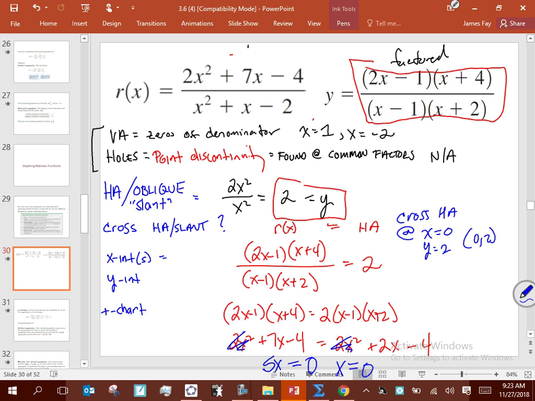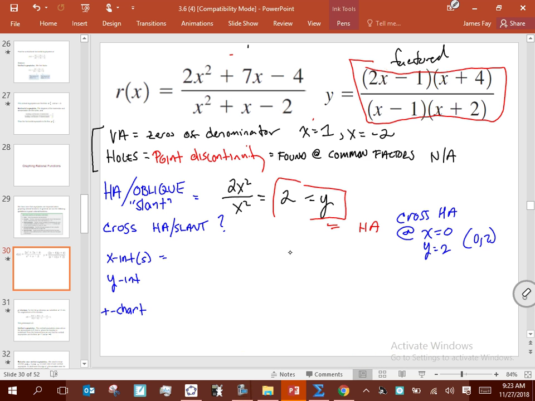Okay. The next thing we're going to try to do is find our x-intercepts. Our x-intercepts are when what coordinate is 0? Y is 0. Okay? So this is when a factored form is useful. I'm going to say that the y value is 0.